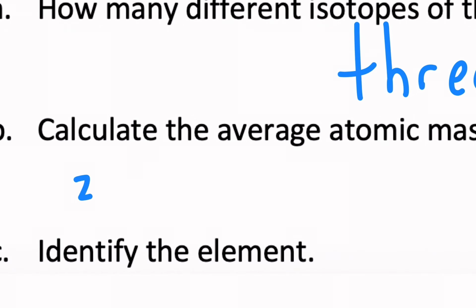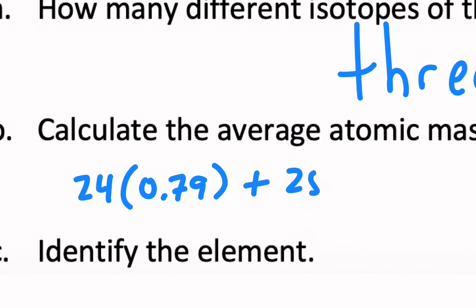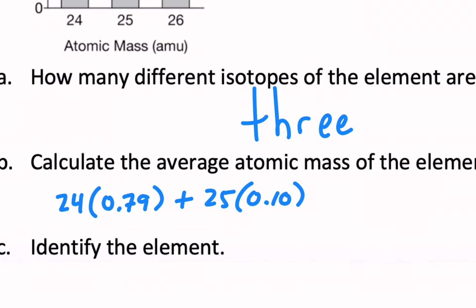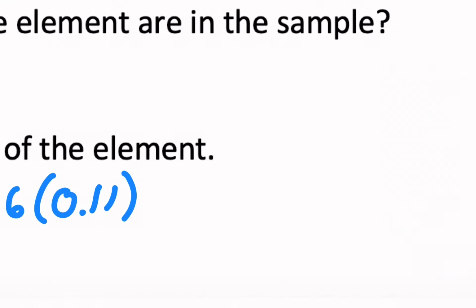So 24 times 79% plus 25 times 10% plus 26 times the 11%. And when I plug that in, 24 times 0.79 plus 2.5 plus 26 times 0.11, I get 24.3 or 24.32.